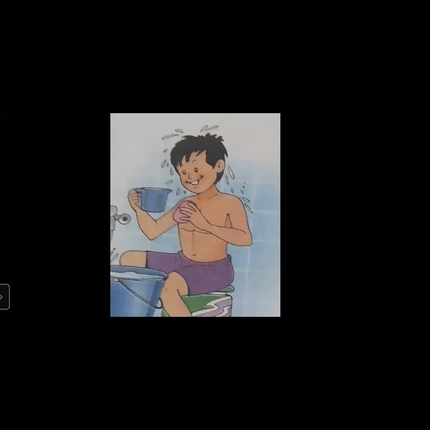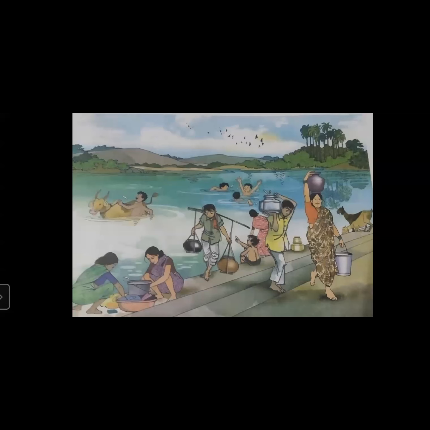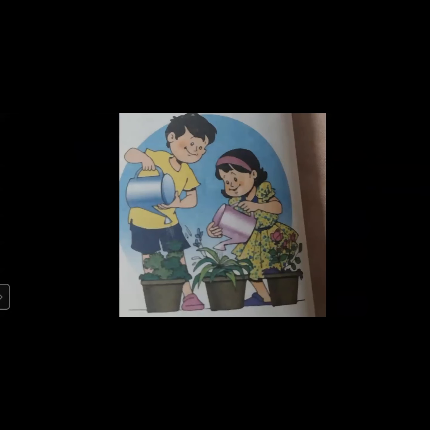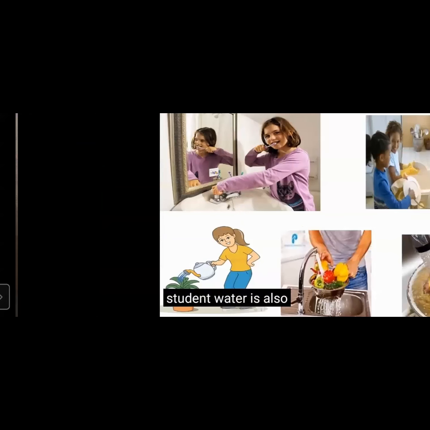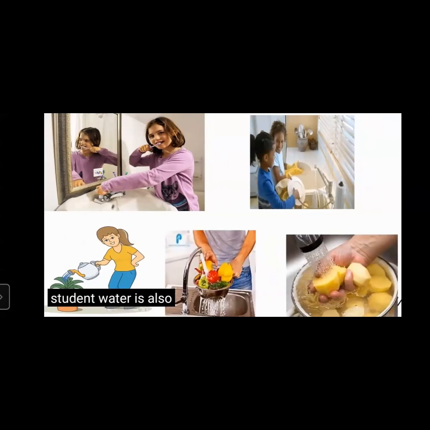It is also used for washing animals, and people carry water home for use. You can see animals taking a bath, children playing in water, children watering the plants, brushing teeth, and washing fruits and vegetables, right?